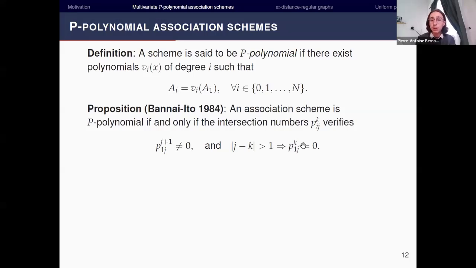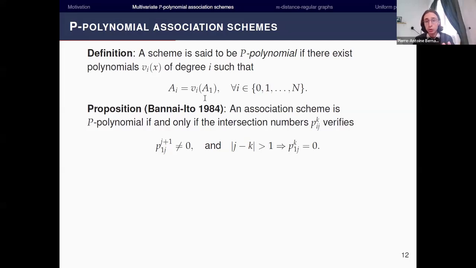So if you check that you have an association scheme and you look at the coefficient p1jk, and it's only non-zero when the absolute value of j minus k is smaller than or equal to 1, and also the coefficient p1 j,j+1 is non-zero, you know by this result that you will have a P-polynomial scheme. So basically, if a lot of your intersection numbers are 0 with respect to this condition, you know that your scheme will be polynomial and the polynomials vi will exist.